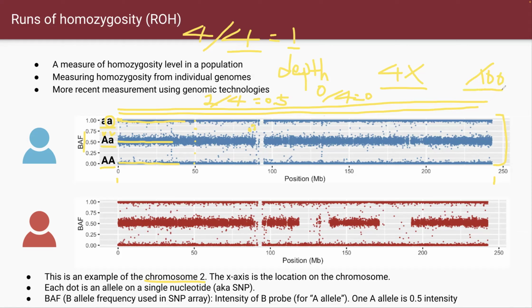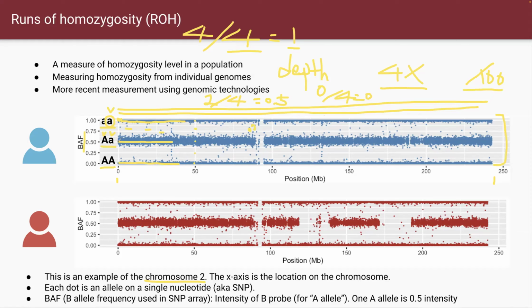So let's assume they read like 100 times, right? And some of the loci have a B allele frequency like 0.8 or 0.7. That's likely to be a homozygous variant genotype or a heterozygous genotype. We can't really tell them apart.